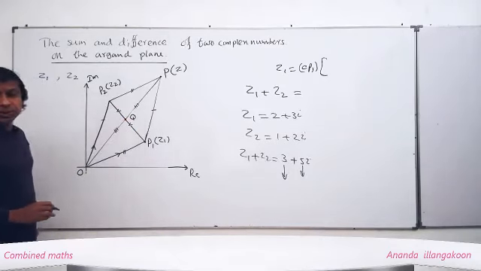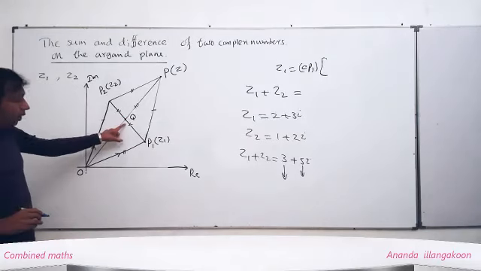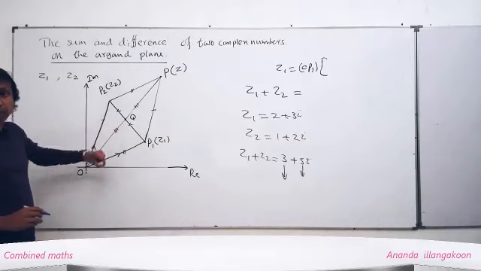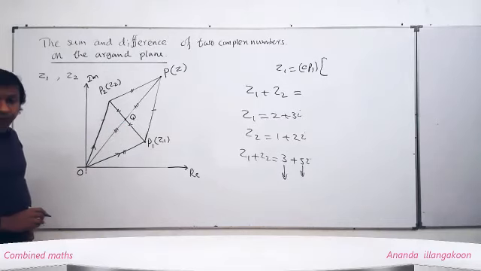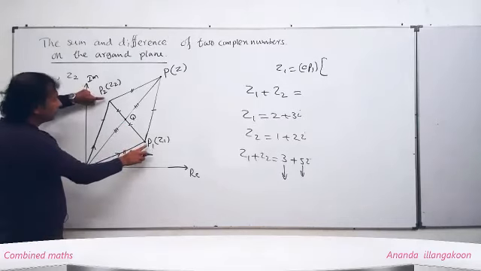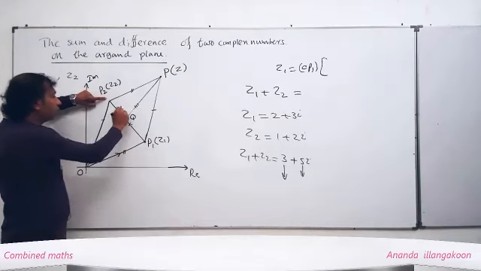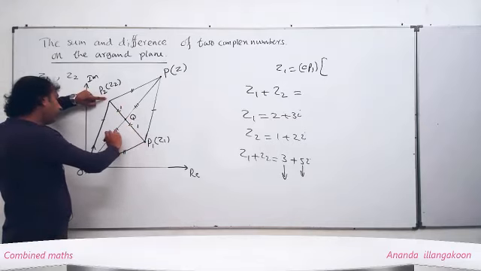the complex number represented by the point Q in the Argand plane can be found in two ways by using the ratio theorem. When we apply the ratio theorem for this Z1 and Z2, this is 1:1 because Q is the midpoint. Here also this is 1:1.